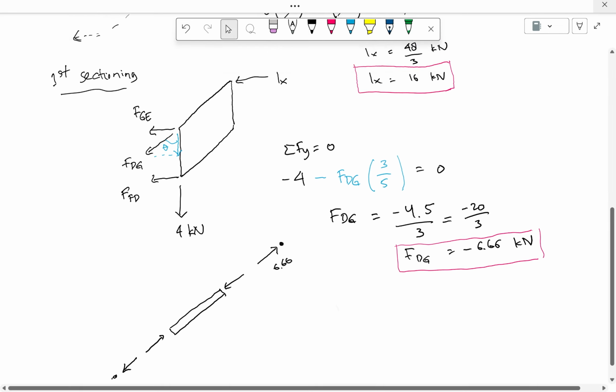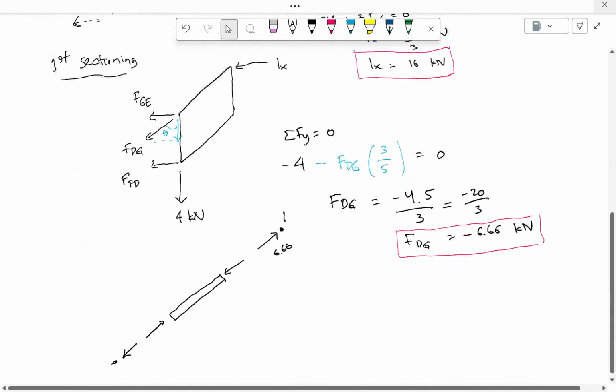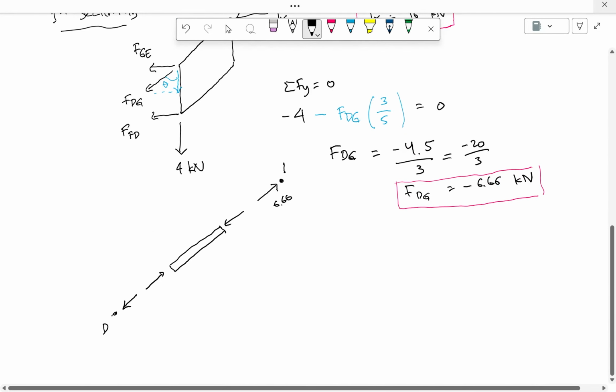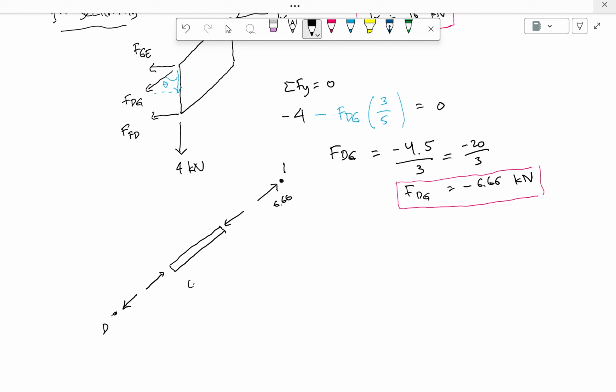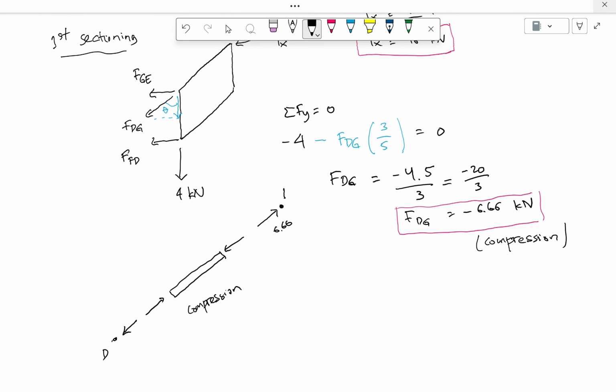So this is point I. This is point D. So the member will be in compression. So negative here means compression. Because the way I solve this problem, I always make the assumption going outward from the point.